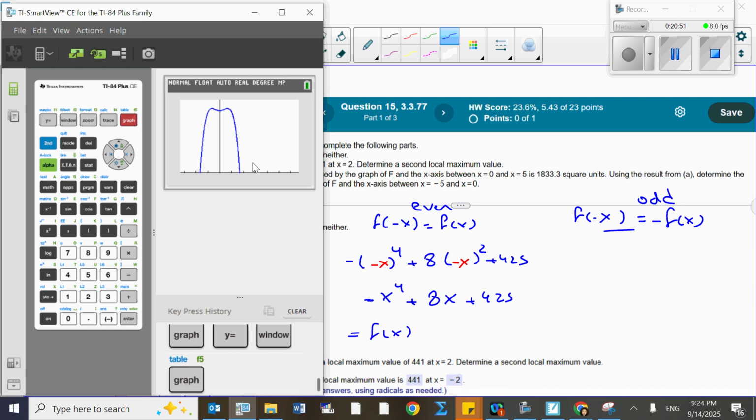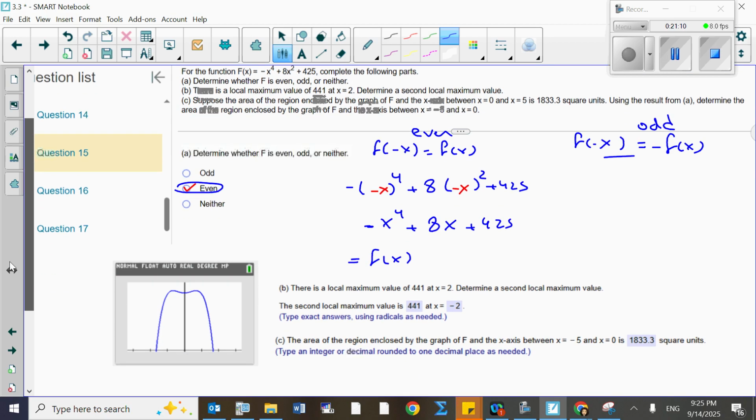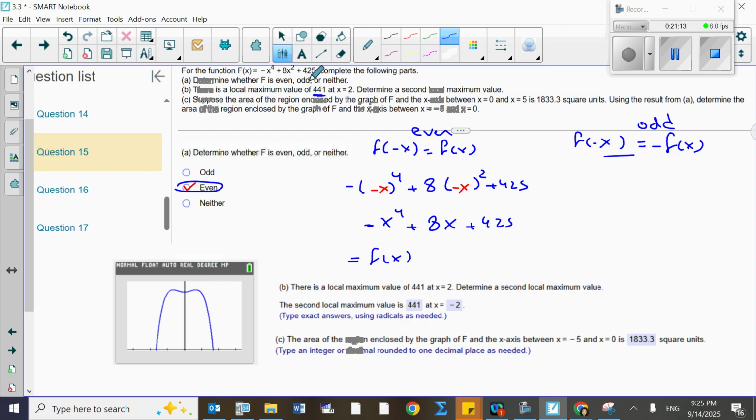Now, the next part of the question is telling us that there is a local maximum value of 441 at x equal to 2. We need to find the second local maximum value. So here I have the graph of the function. A local maximum is at x equal to 2, and the value of that is 441. So this maximum that is given to us is here. This is at x equal to 2 and y is 441.